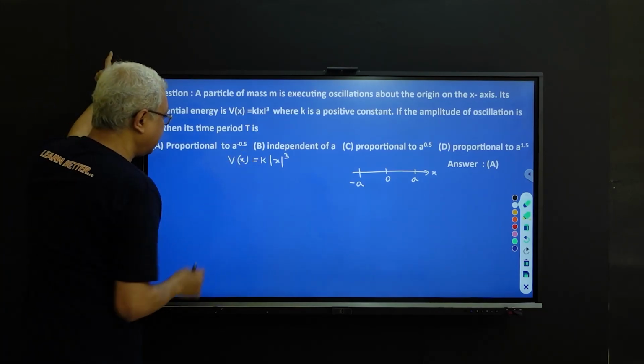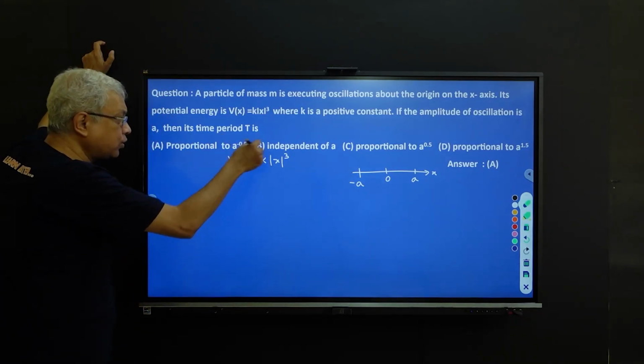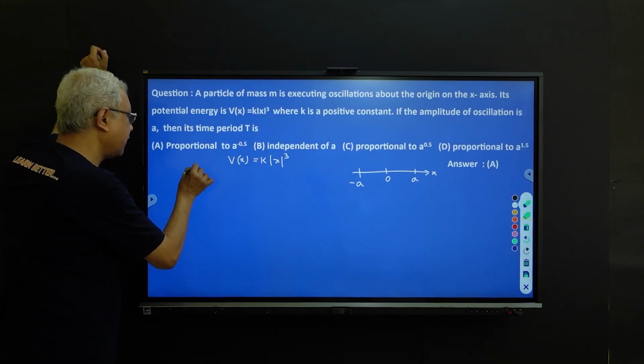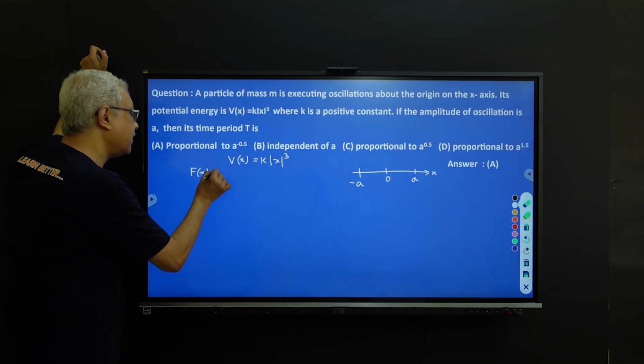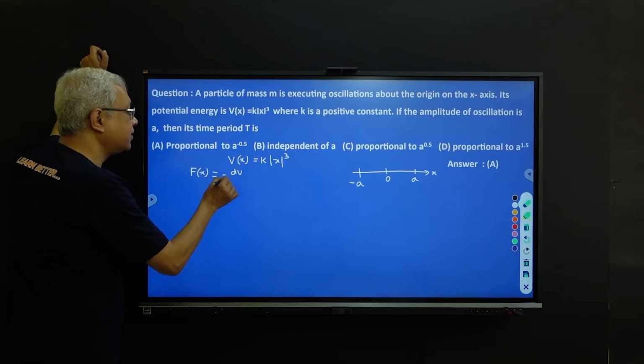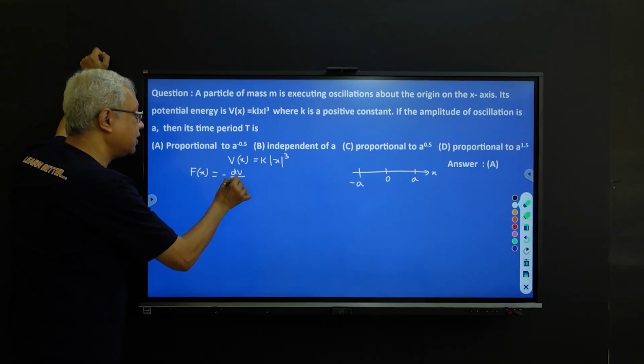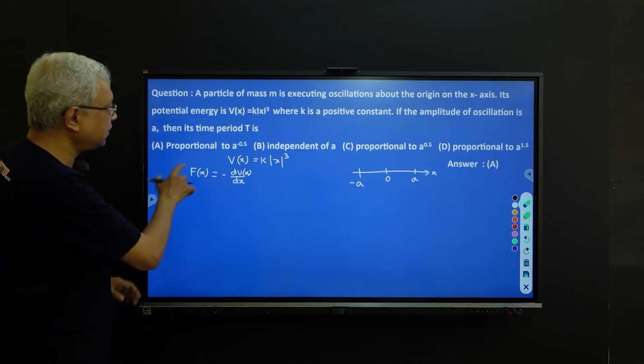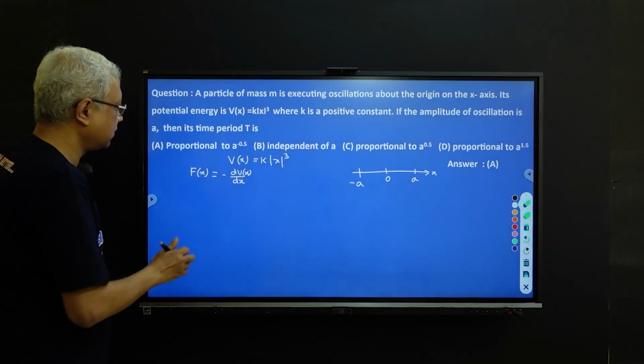Vx is the potential energy, and you know the force acting on the particle can be derived as Fx equal to minus dV/dx, negative gradient of potential energy. How it comes we discussed in a previous class, you must be remembering.